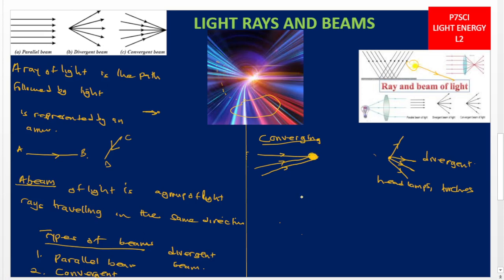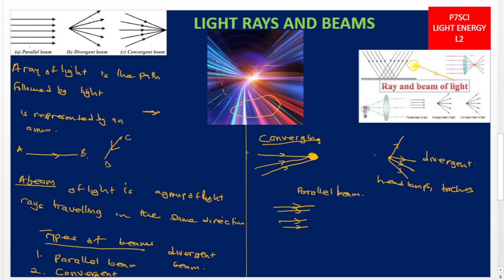And lastly, we are having the parallel beam. With a parallel beam of light, light rays cannot meet, they are parallel to each other as you are seeing. Therefore this one becomes the parallel beam of light. So this is parallel, this is converging, this is diverging.